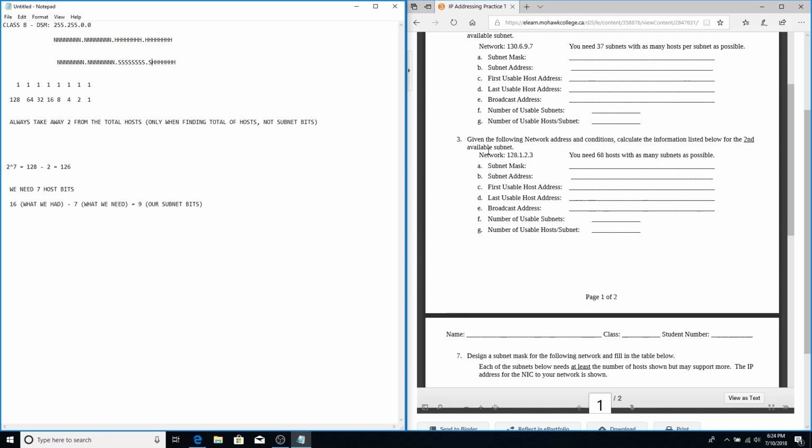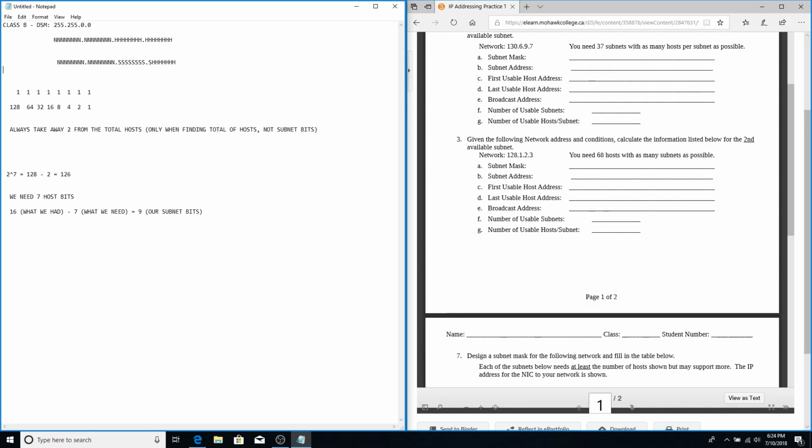And of course, like you already know, when it comes to the subnet mask, we just have to change the H's to zeros and everything else to ones. So let's do that. 7 zeros. All right, so when we add all those together and we convert that from binary to decimal, we get 255.255.128.